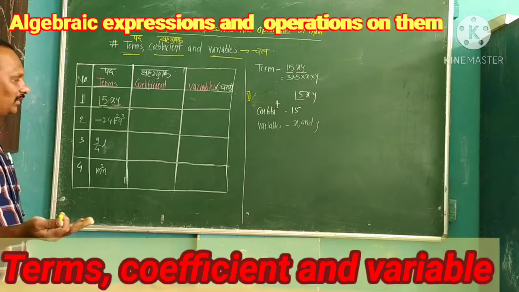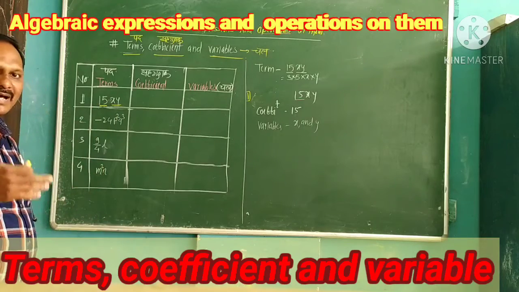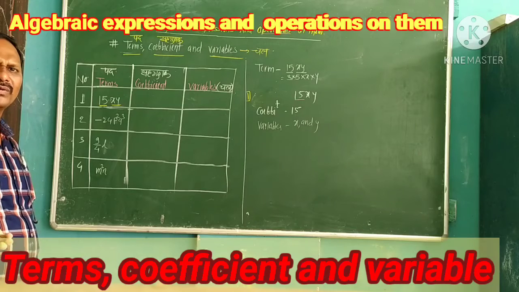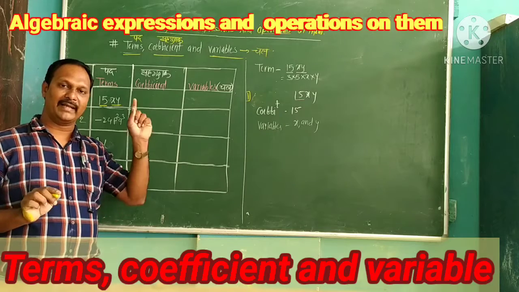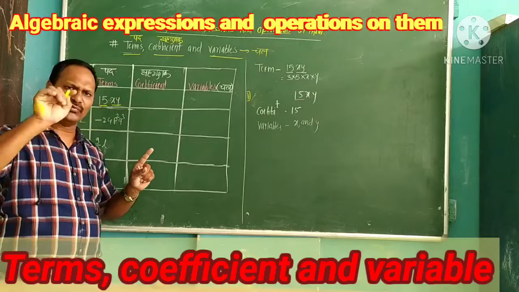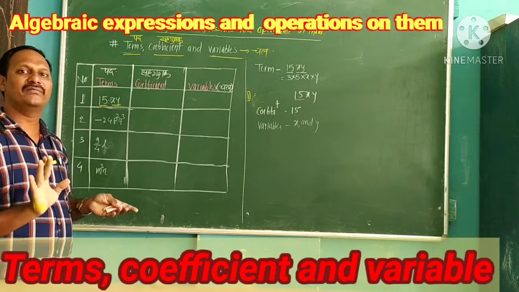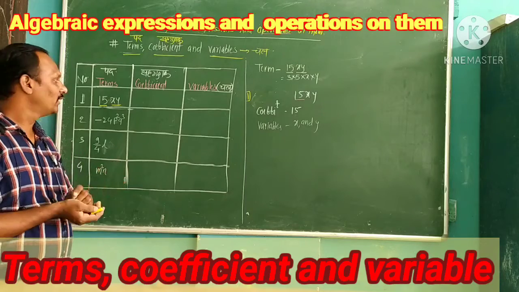Now what is a variable? x and y are called variables, meaning small letters from A to Z. All these are called variables in an algebraic expression. Simple thing.